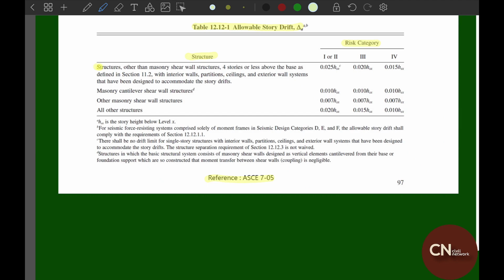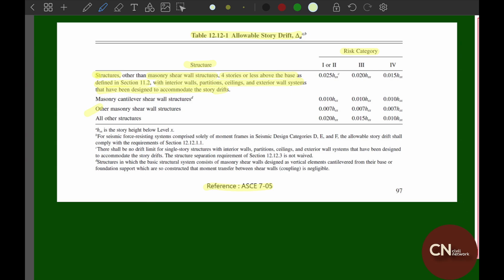Here, for structures other than masonry shear wall structures, there is another provision for 4 stories or less above the base as defined in section 11.2, and with interior wall partitions, ceilings and exterior wall systems that have been designed to accommodate the story drift. That means the structures which are 4 stories or less, or for which the walls, partitions and ceilings have been designed to accommodate the story drift, will fall into this category.